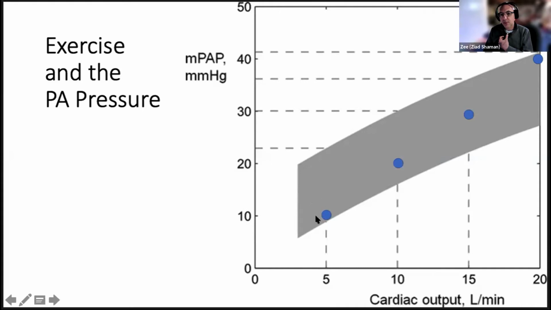But you're not going to go up straight. So the dots I put just to show you where the line of identity is, what is the expected increase in pressure. So you don't increase your pressure as much as you think you should just by increasing your cardiac output, because you do use your vascular reserve to increase your capacity for the circulation.